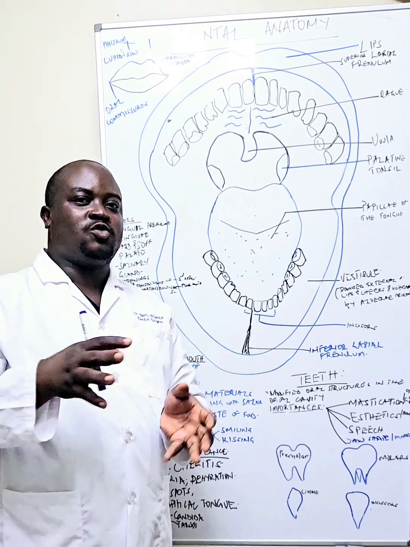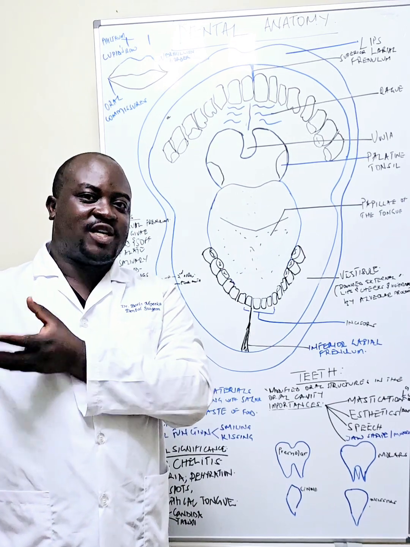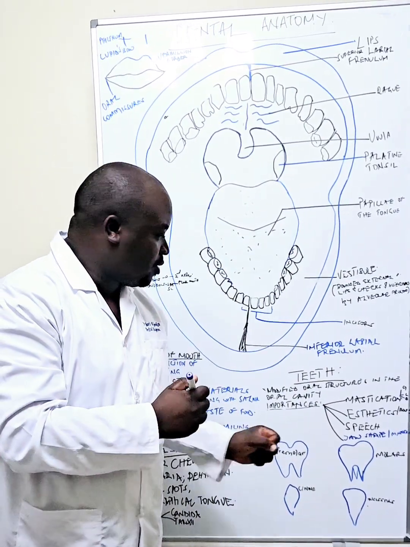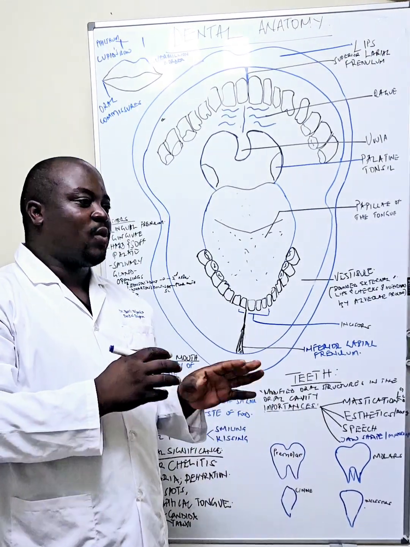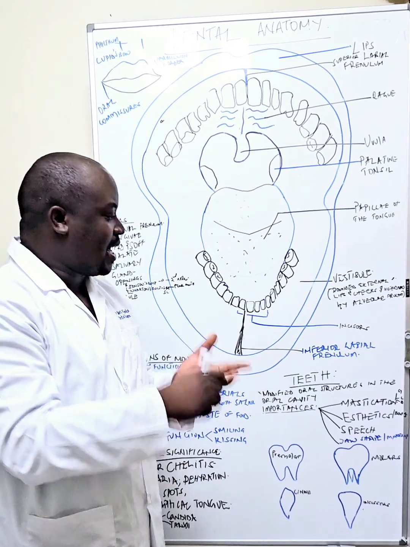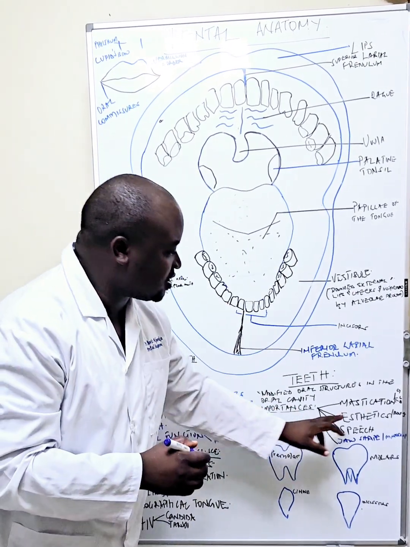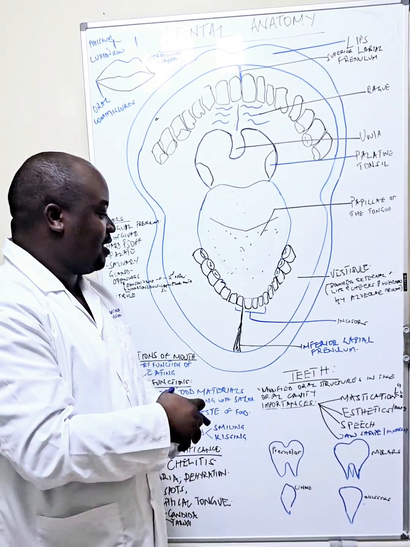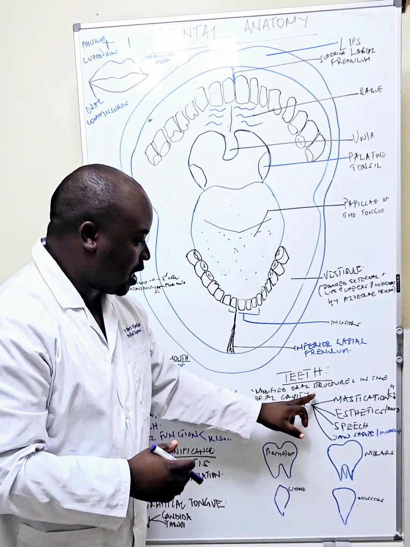We can have breakdown due to enzymes, but we are not talking about that one now. We are talking about the physical breakdown of food, which involves biting, cutting, grinding. All of this is mastication, and this is a function of these hard structures that are called what?